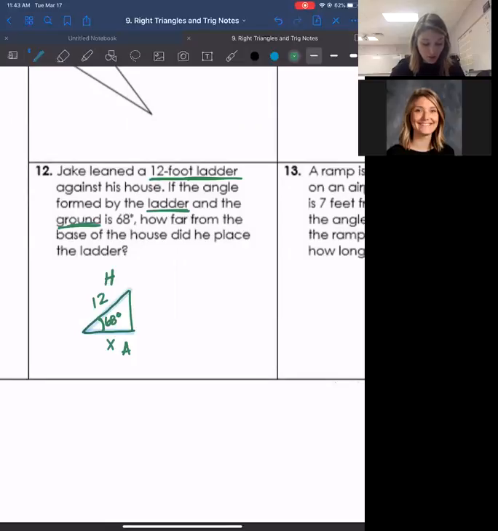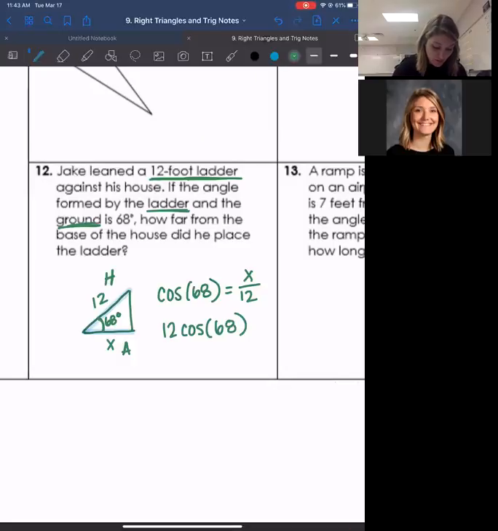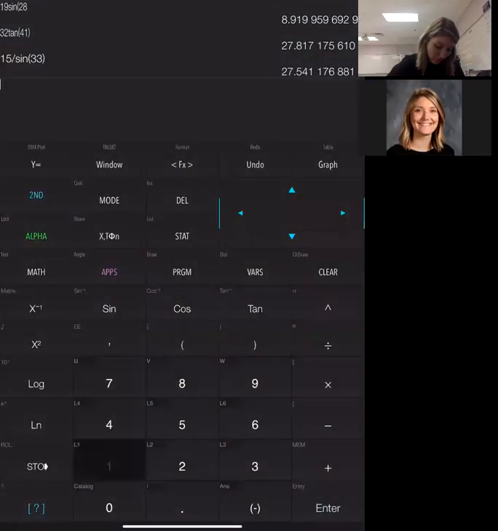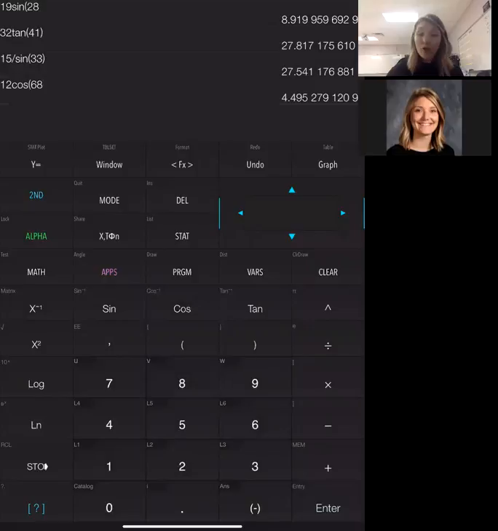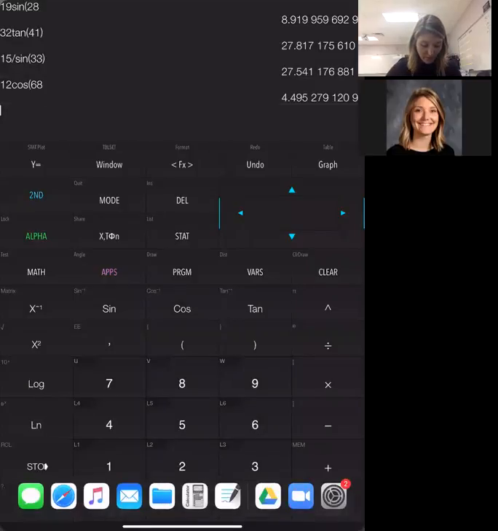So it's going to be cosine of 68 equals adjacent over hypotenuse. So x over 12. Bring that 12 over. 12 cosine of 68. We're just going to type that into our calculator. And I'm going to get 4.5. 4.95 is going to round up to 4.5.